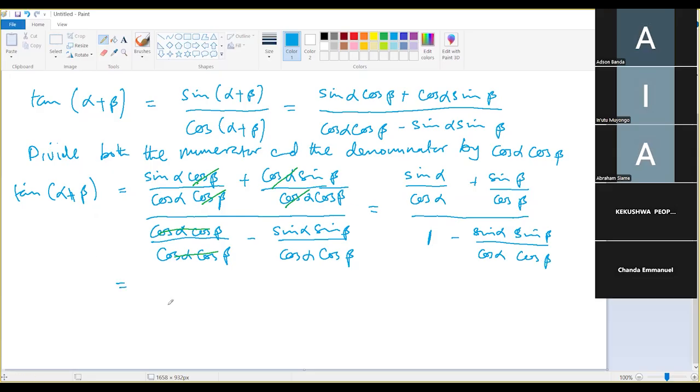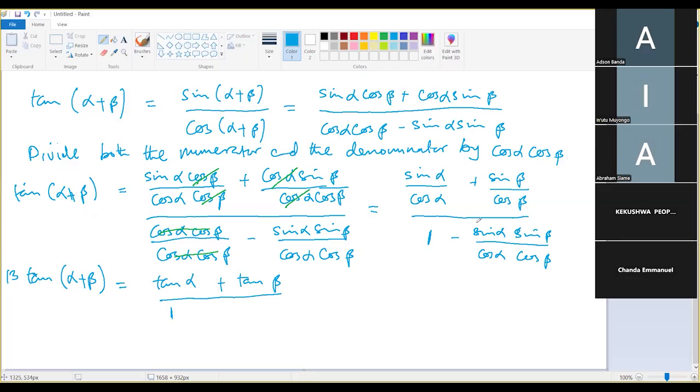Right, so in this case then, we are going to obtain another identity. Let me call this identity number 13, involving the tangent of alpha plus beta. So you see that here, this term is just the tangent of alpha. That term is the tangent of beta. And then divide by 1.